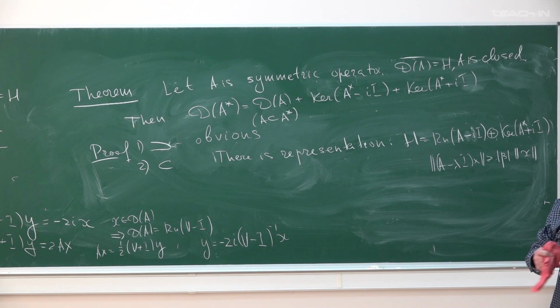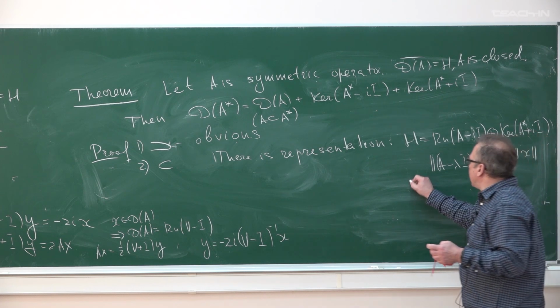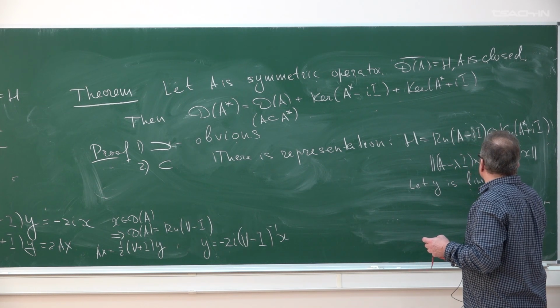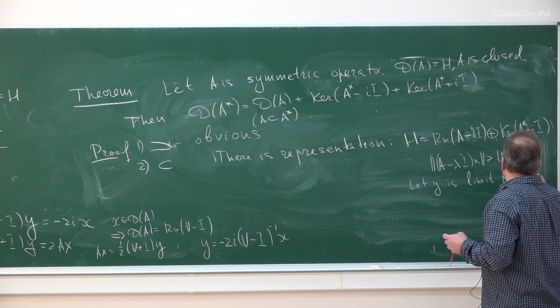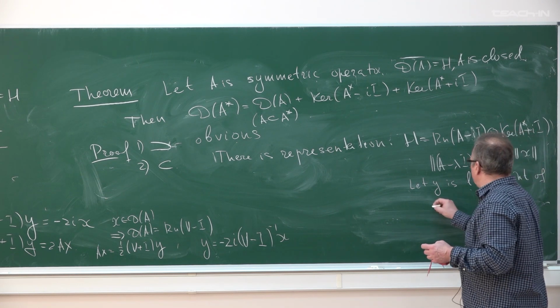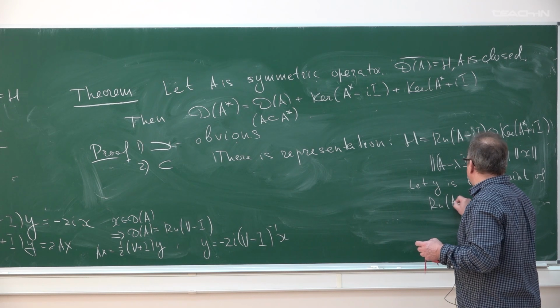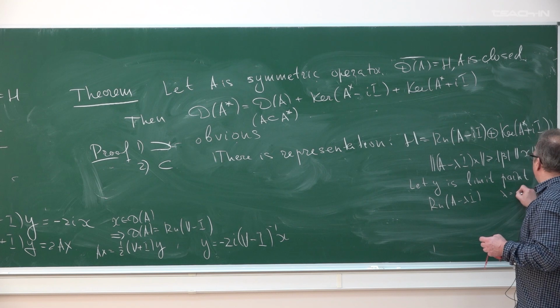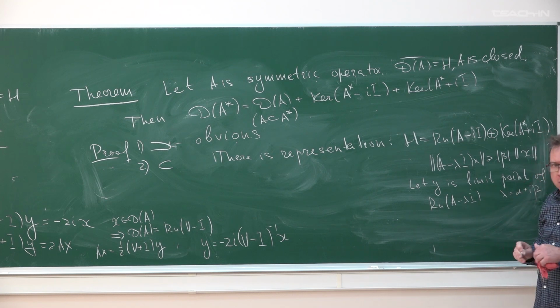Because for closed operators, you can take the limit procedure on the domain. By definition, the graph of a closed operator is a closed set. Now, for example, let y be a limit point of the range of operator A minus lambda I. Lambda here is alpha plus i beta.